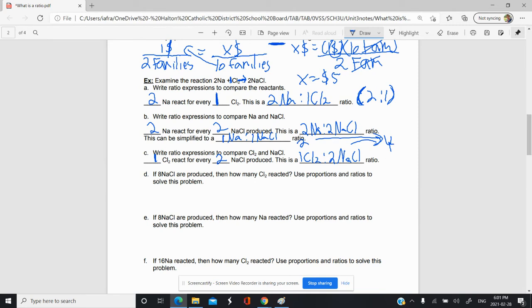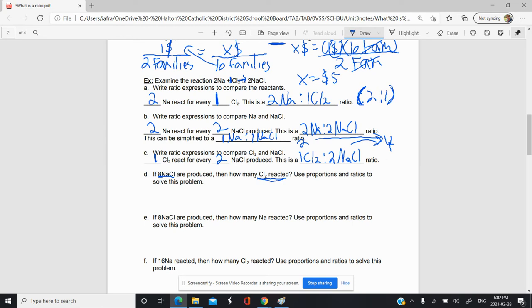So we can use the idea of these ratios here to solve problems like the one over here. If there's 8 NaCl produced, how many Cl2 must have reacted? Use proportions and ratios to solve this problem. So we're comparing our NaCl to our Cl2.